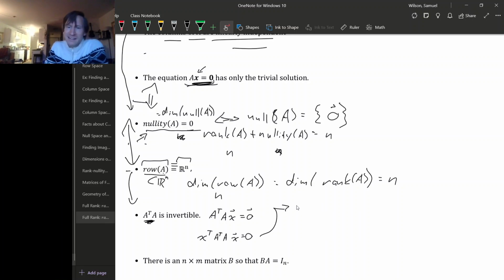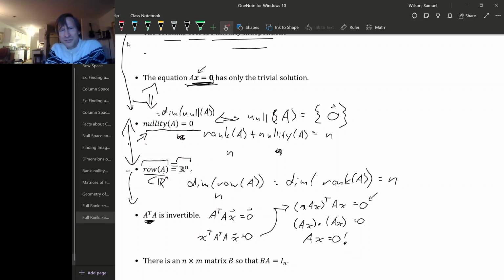But now we can rewrite this as (AX) transpose times AX equals 0. And now remember, this 0 is the scalar 0. This tells us that the dot product of AX with itself is 0. But that means that AX has to be 0.